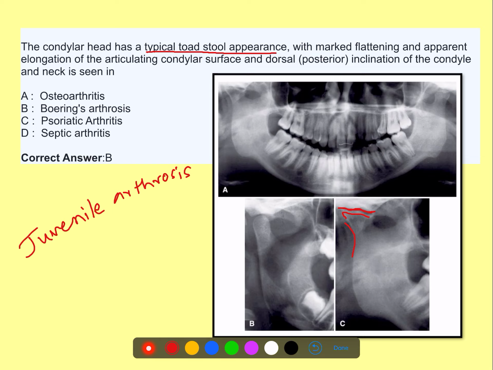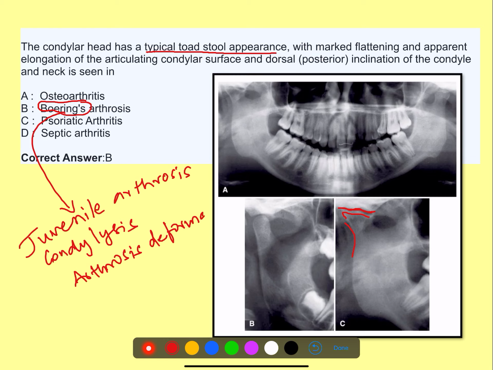This juvenile arthrosis is nothing but Boring's arthrosis, and he is the person who gave the term juvenile arthrosis. Other names include condylosis or arthrosis deformans. If any one of these options is given, you can pick that answer, but most commonly it is called juvenile arthrosis, and to make it tricky they have given the other synonym.